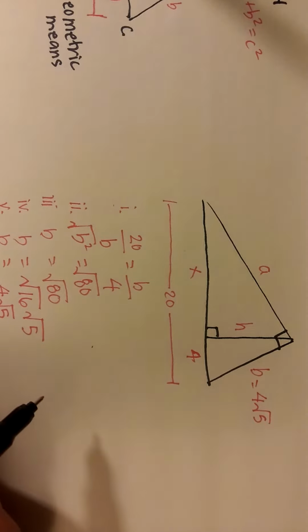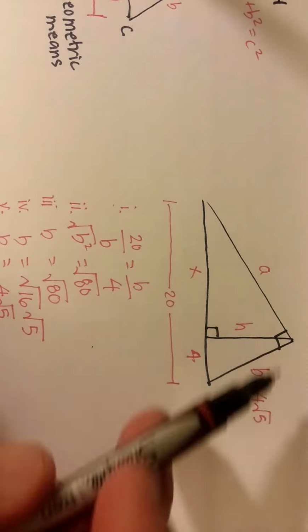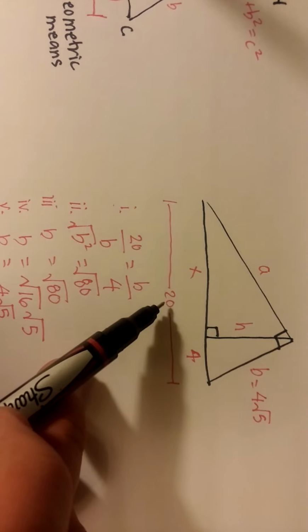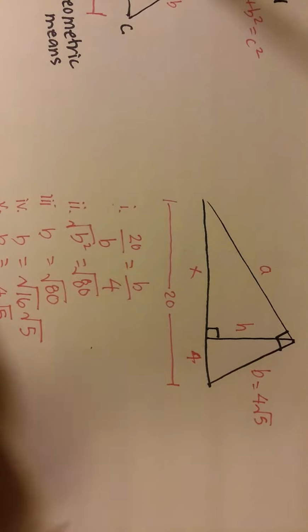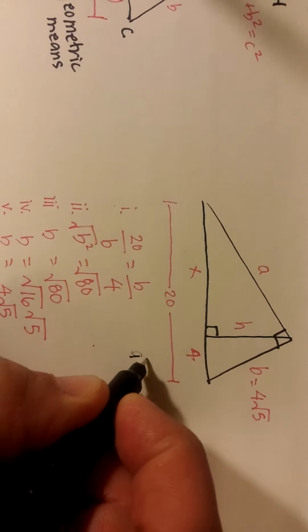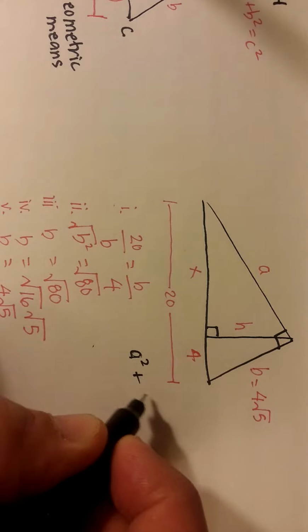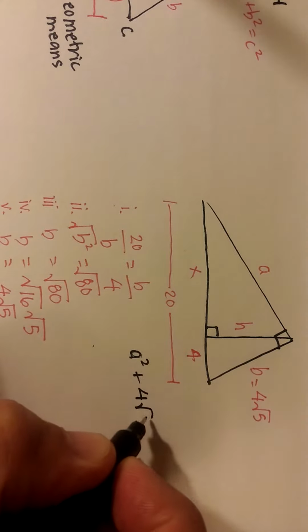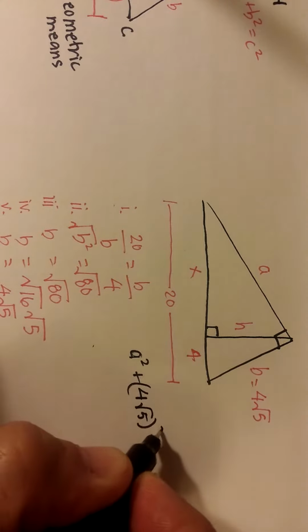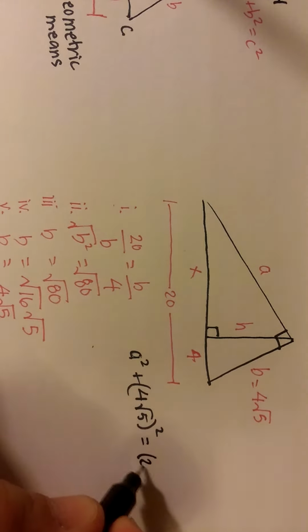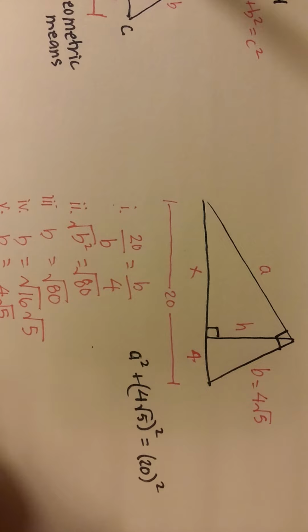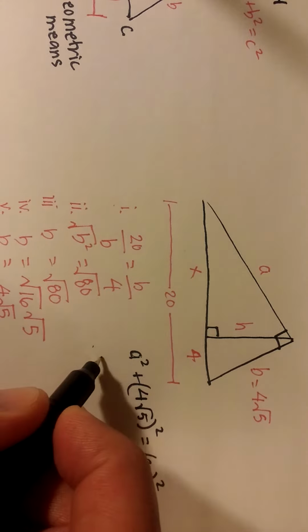And we can actually check that too, right? Because a squared plus b squared would equal c squared. So let's just try that. A squared plus b squared, which we now know is 4 radical 5 squared, is equal to 20 squared. Okay, now let's go ahead and start solving this.